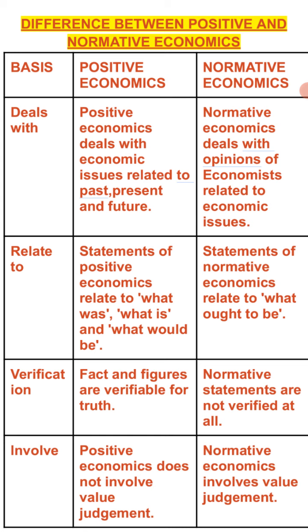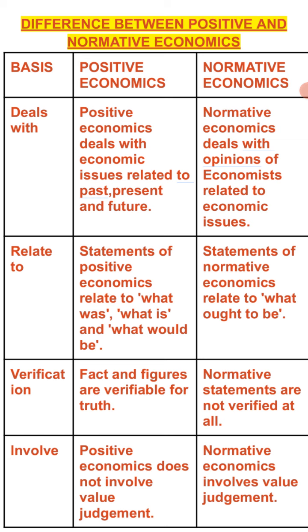Now see the difference between positive and normative economics. The very first basis deals with, if we talk about positive economics, then it deals with the economic issues related to past, present and future. And if we talk about normative economics, then it deals with economic opinions. Second basis, relate to.